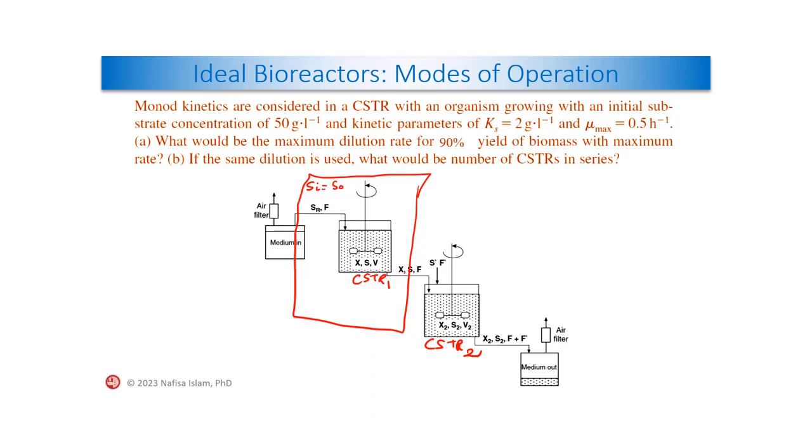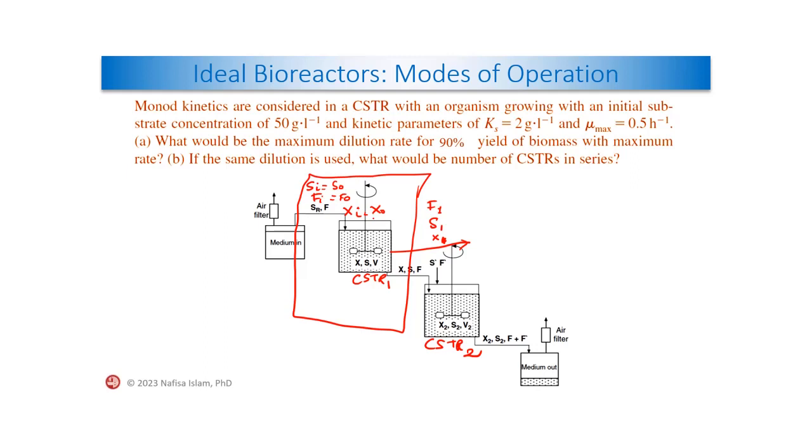The out will be then S1. Then you have Fi, which is basically equal to F out, Fi or F0, and F0. And you also have some biomass, right? Let's call it X0. And you have X1.